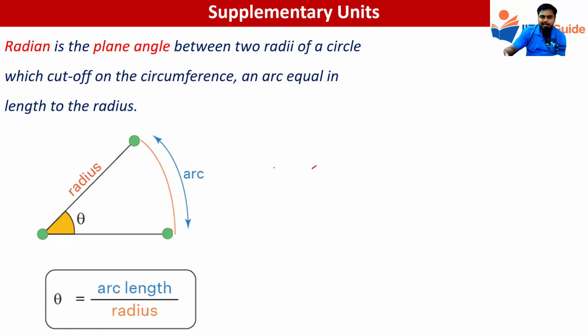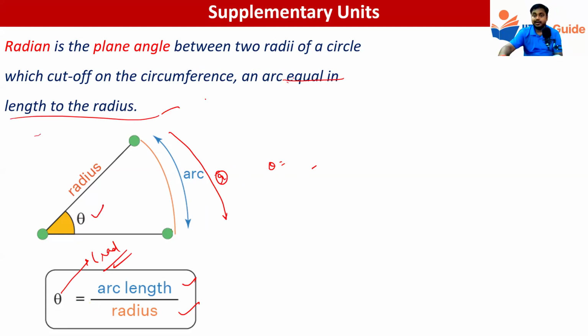So, angle is equal to arc length divided by radius. If this arc length is r only, then theta will be equal to 1 radian, and that's what is being said here. When an arc equal to the length of the radius is cut, then the angle is going to be 1 radian.